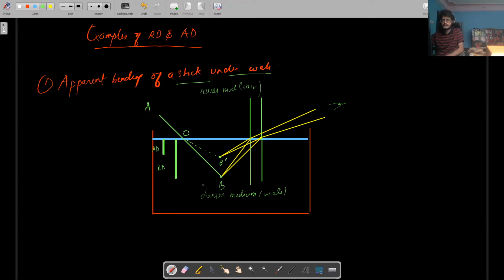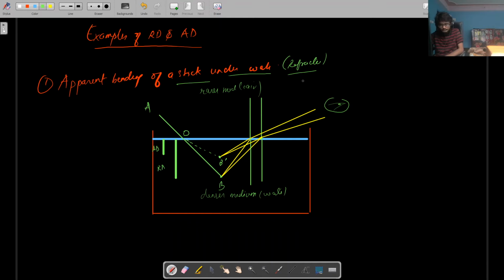When you put the stick inside water, the rays of light coming from this end of the stick get bent away from the normal, because of which our eye assumes that the light is coming from somewhere here. That is why we find the stick to be bent a little bit upwards. This is a proper and best example of refraction. So is this clear? Apparent bending of a stick inside water.